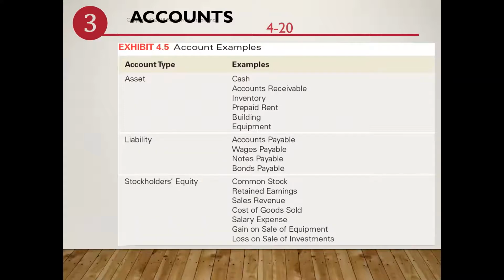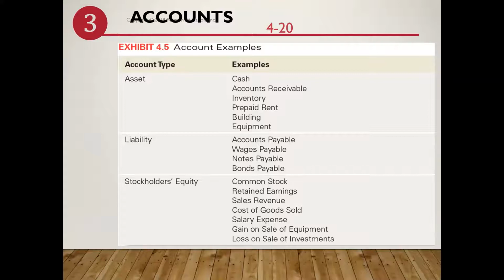Assets are considered cash, accounts receivable, inventory, prepaid rent, building, equipment. Some examples of liabilities are accounts payable, wages payable, notes payable, bonds payable.